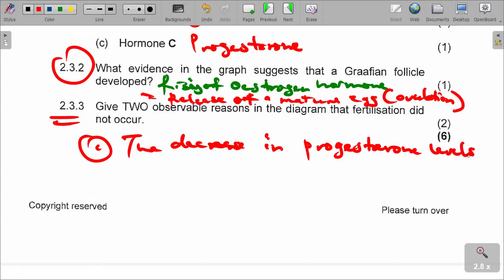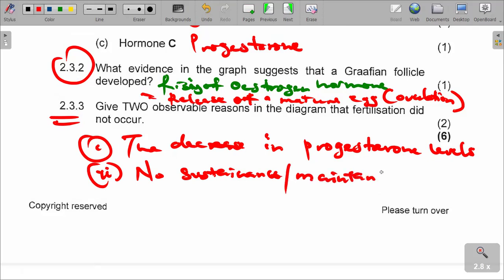A decrease in progesterone levels shows that there is no pregnancy, and also we have no sustenance or maintenance, no maintenance of endometrium.